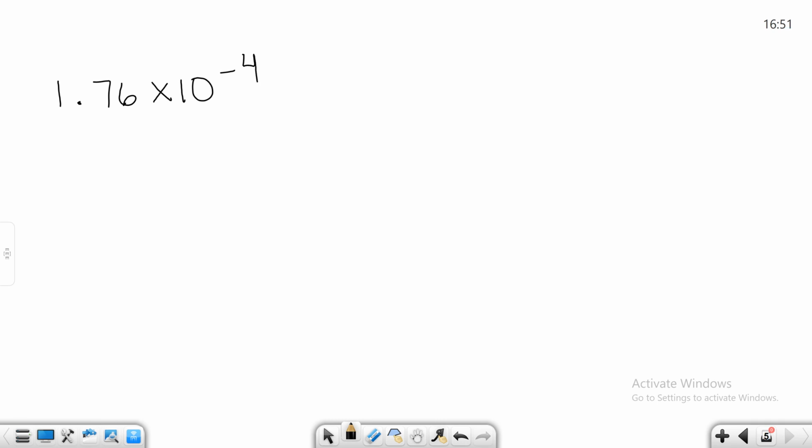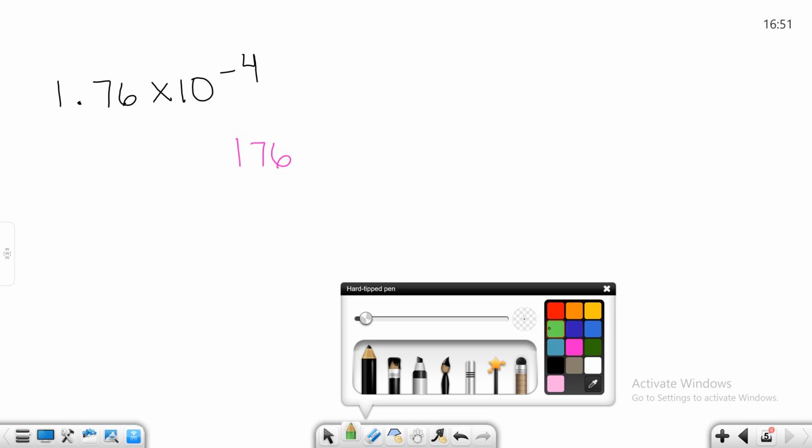So again, I'm going to think backwards of what I did yesterday. 1.76. I'm going to write it without the decimal, but keeping in mind where it was. Now, because I know it's going to be a very small number, I'm going to write that number on the right side. And you'll see in a minute why I did that.